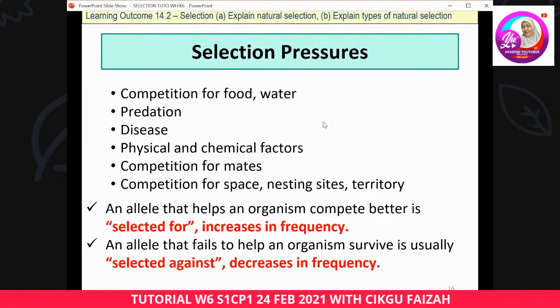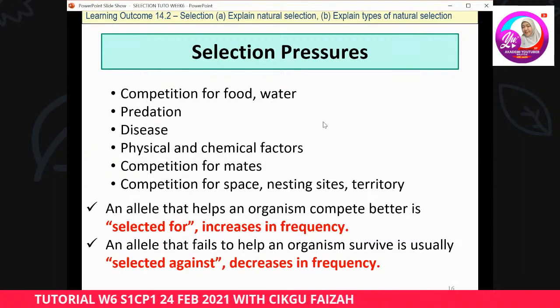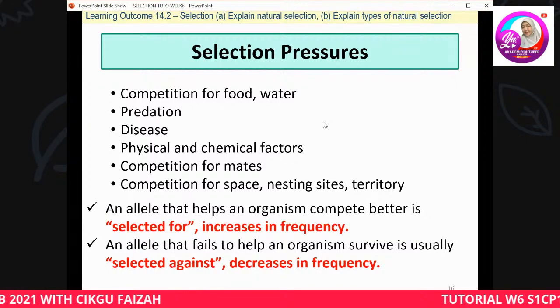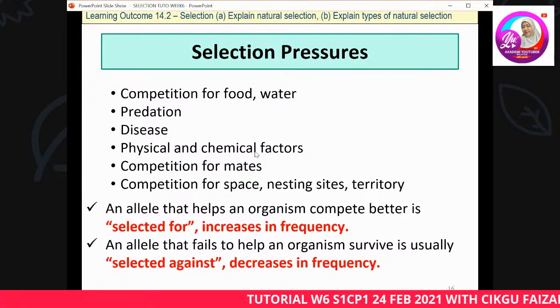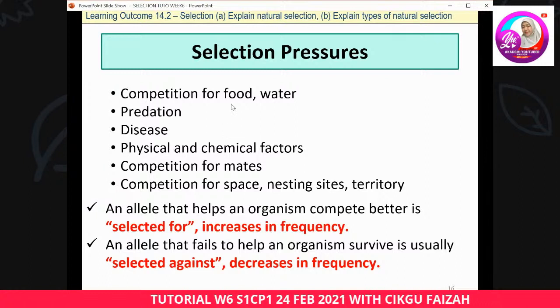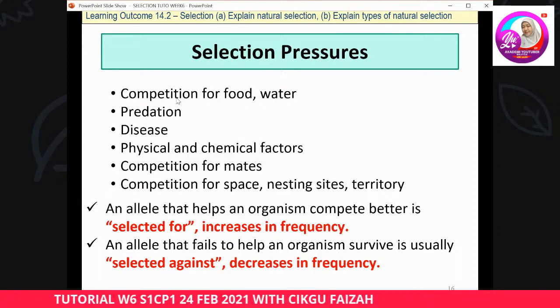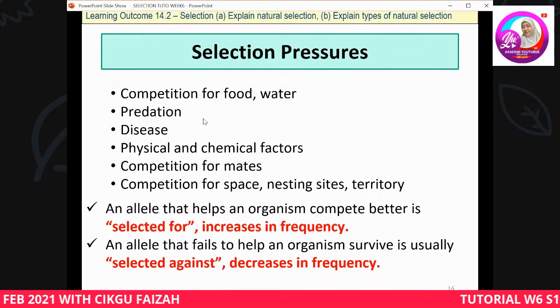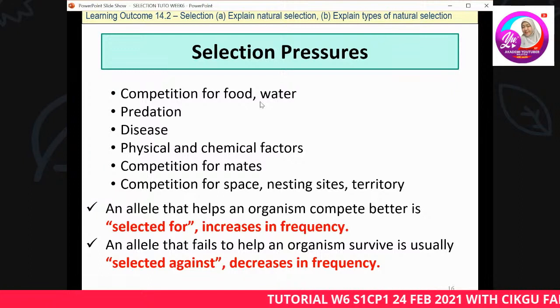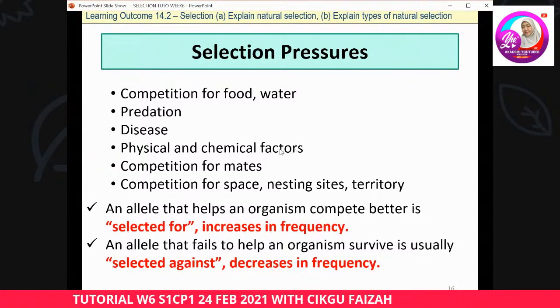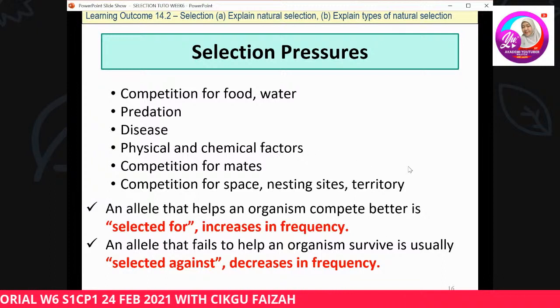Back to the density dependent factors and also density independent factors. If you still remember learning about population ecology, those are the factors related to the selection pressure, where the pressure is competition for food, competition for water, competition for mates, competition for space, competition for nesting site or territory.